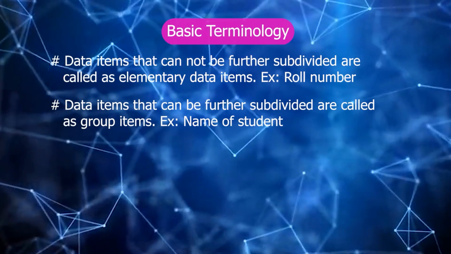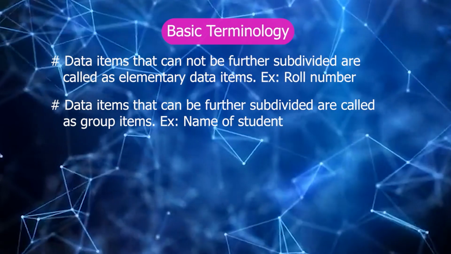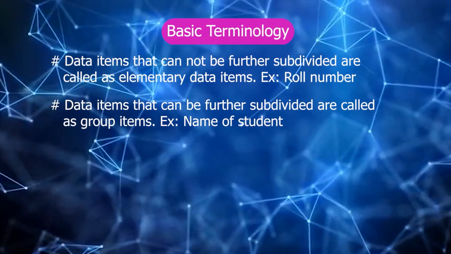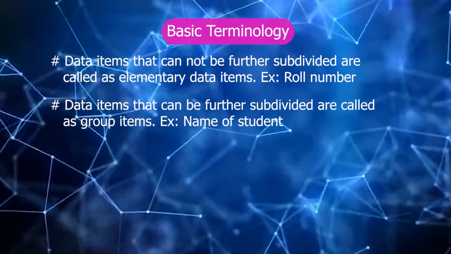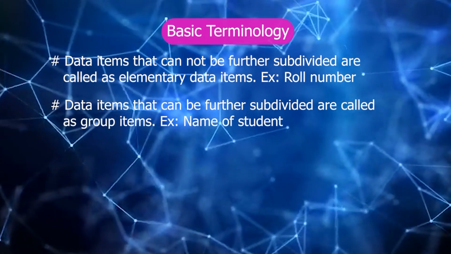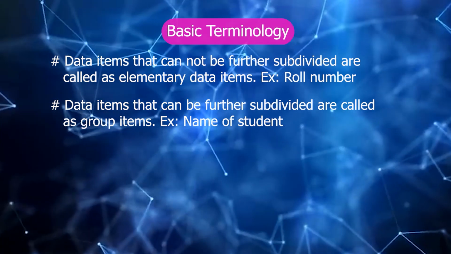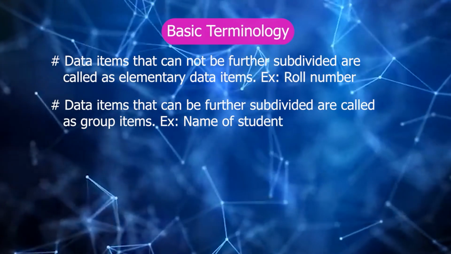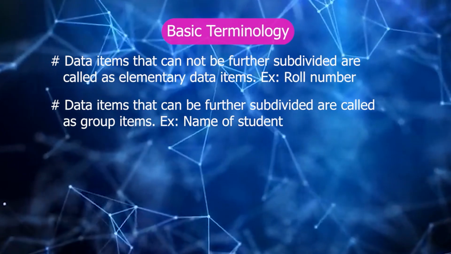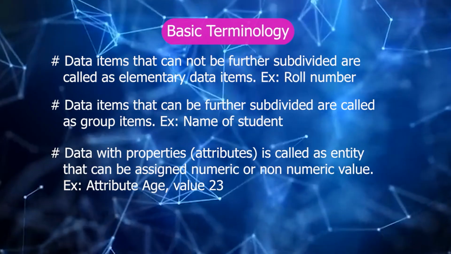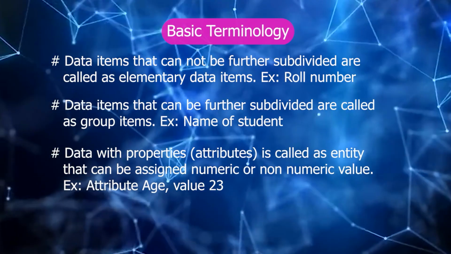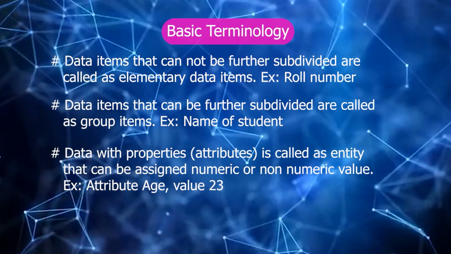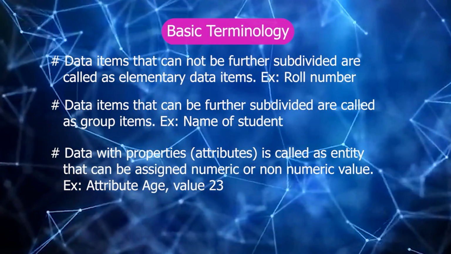There are certain elements which can be further divided, and these elements we call group items. So whenever we collect some amount of data, sometimes the data element will consist of elementary items, sometimes of group items. Also you will find that every data element that you collect will be associated with some value. Say for example, if you have age as a data element, then there is some value associated with the age, say 23.